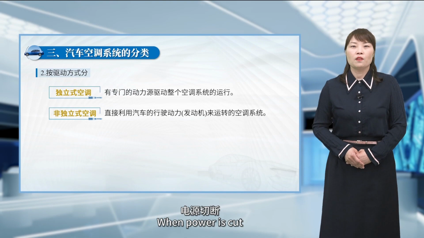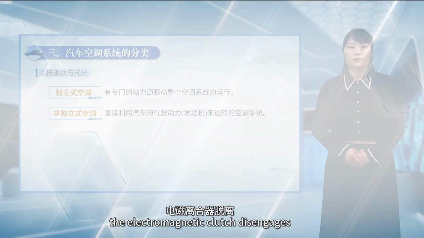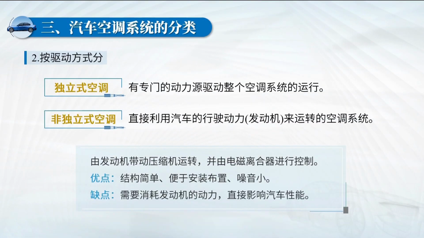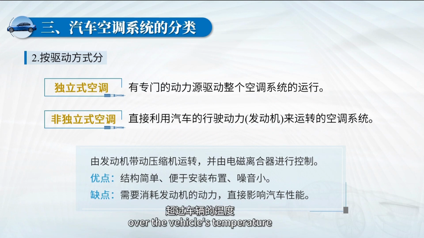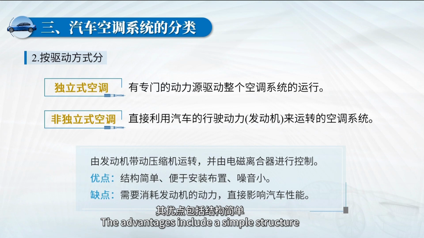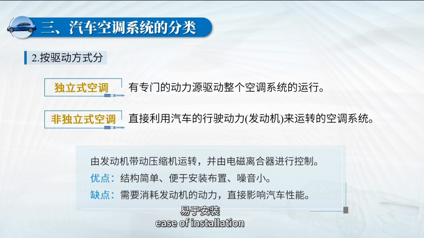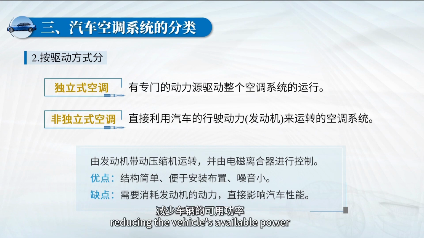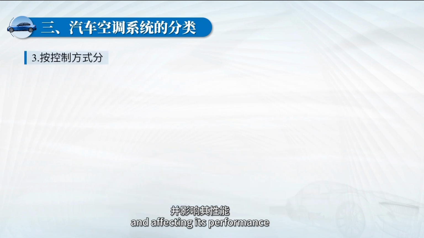When power is cut, the electromagnetic clutch disengages, and the compressor stops, achieving control over the vehicle's temperature. The advantages include a simple structure, ease of installation, and low noise levels. The disadvantage is that it consumes engine power, reducing the vehicle's available power and affecting its performance.